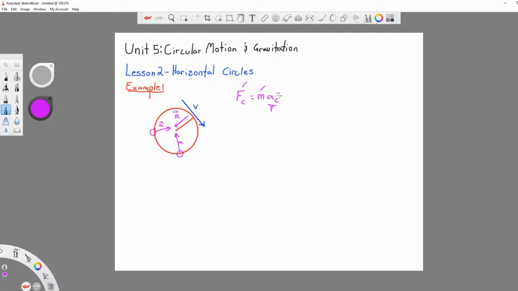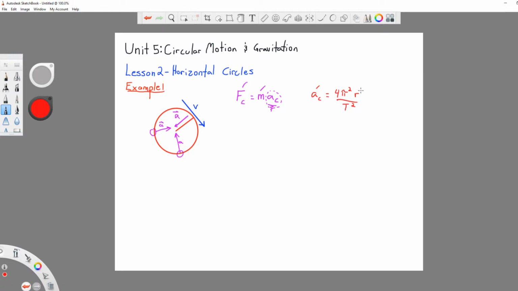Well, if we solve for a_c first, in the last lesson, we played with a little formula. We called it the period formula. We said that a_c is equal to 4 pi squared r over T squared. That's our period formula. So if we have a_c, we can check that one off.